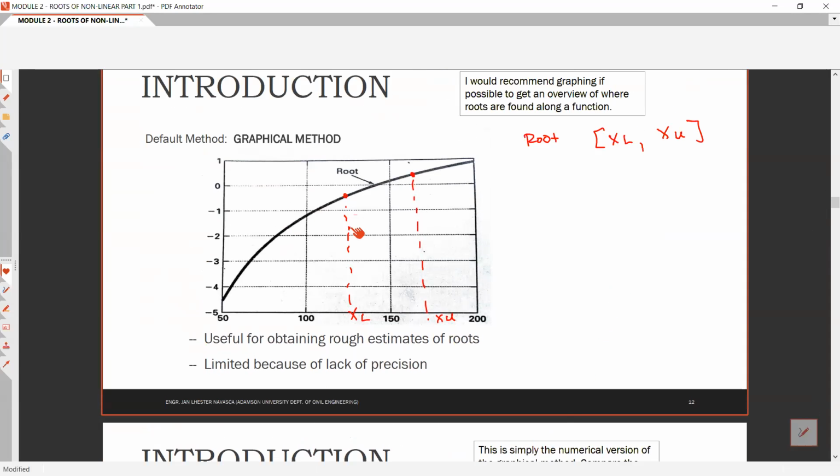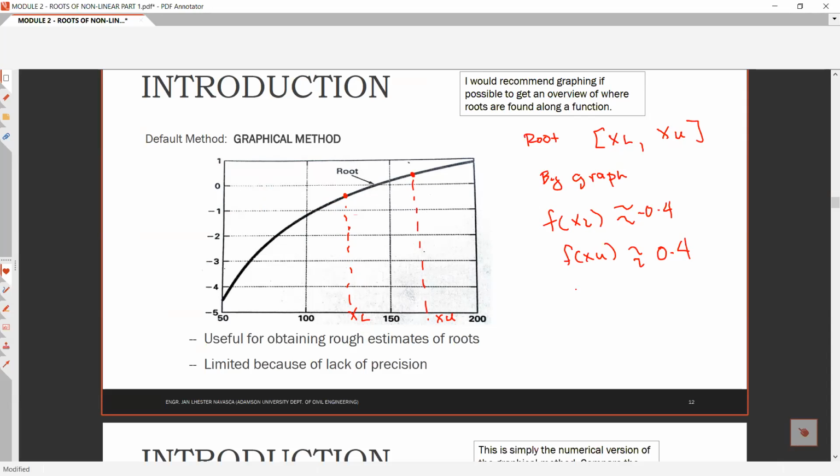Okay? Bakit? So yung XL mo, say you almost have negative 0.5. Tama? Yung by guess, okay? By graph, we can say f of xl is almost negative 0.4. Okay? Then yung f of xu, you have, sige, say 0.4 na rin. Okay?